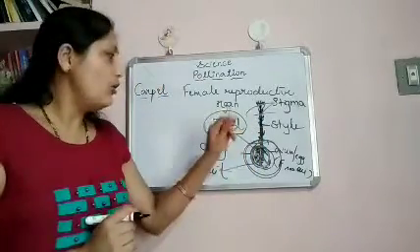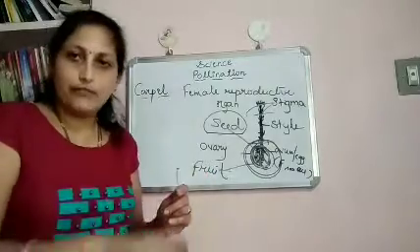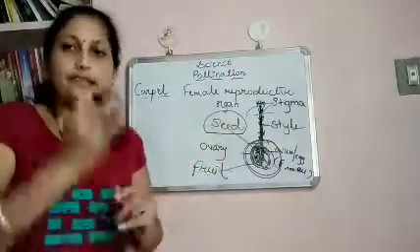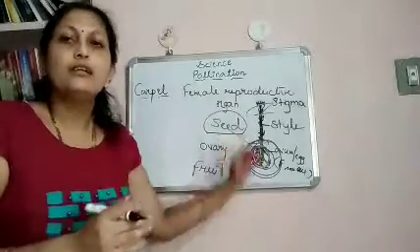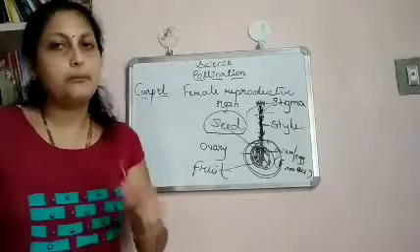Got it? So when you sow the seed, it develops into a new plant. This is how reproduction takes place in flowering plants.